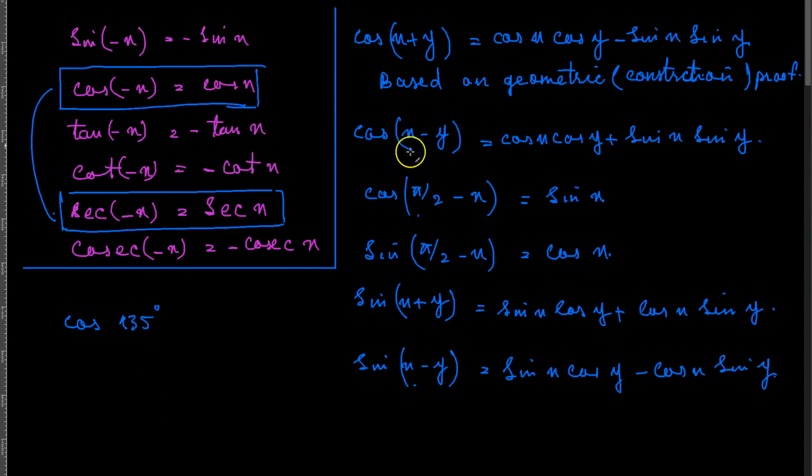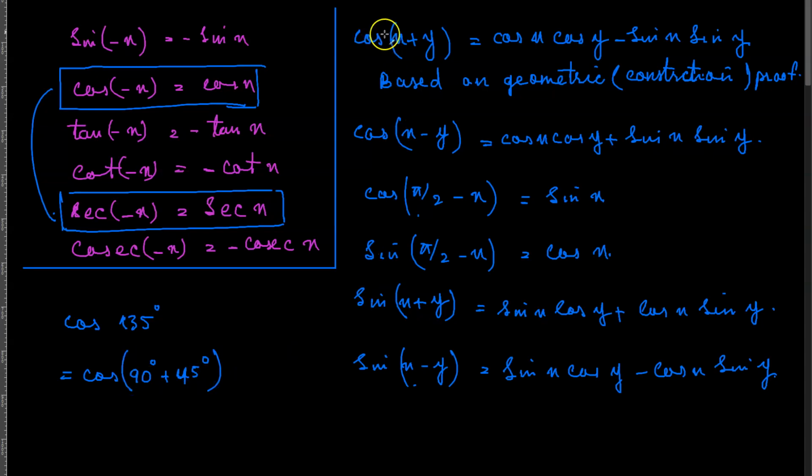So what I can do is write it as, for example, 90 plus 45 degrees, right? So I can write this as the cos of 90 plus 45 degrees.